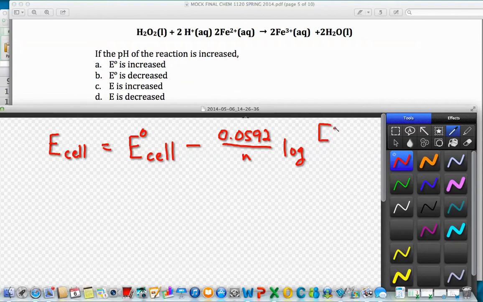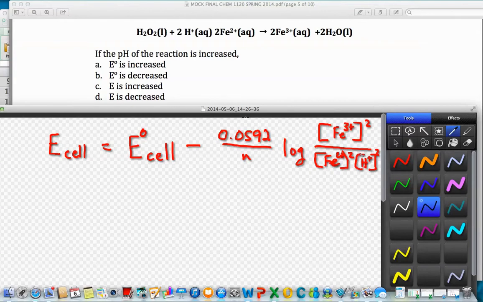In this case, that's going to be Fe3+ squared over the concentration of Fe2+ squared times the concentration of hydronium squared. And I'm going to increase the pH.